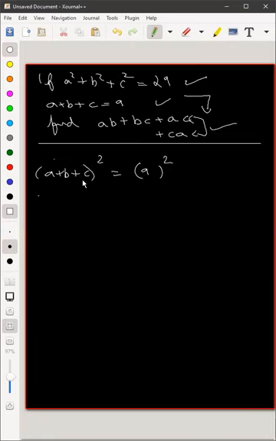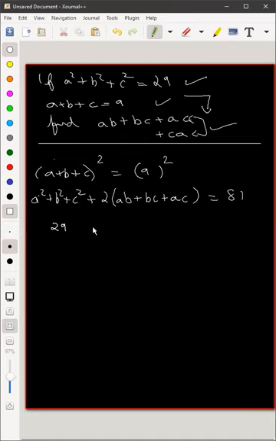What is a plus b plus c whole square equal to? a square plus b square plus c square plus 2 into ab plus bc plus ac is equal to 9 squared, which is 81. Now a squared plus b squared plus c squared is given to you as 29, plus 2 into ab plus bc plus ac is equal to 81.